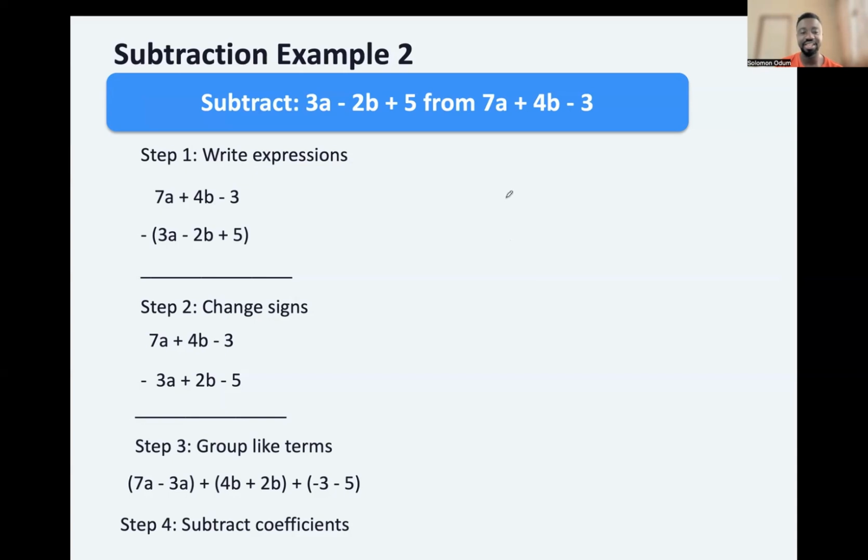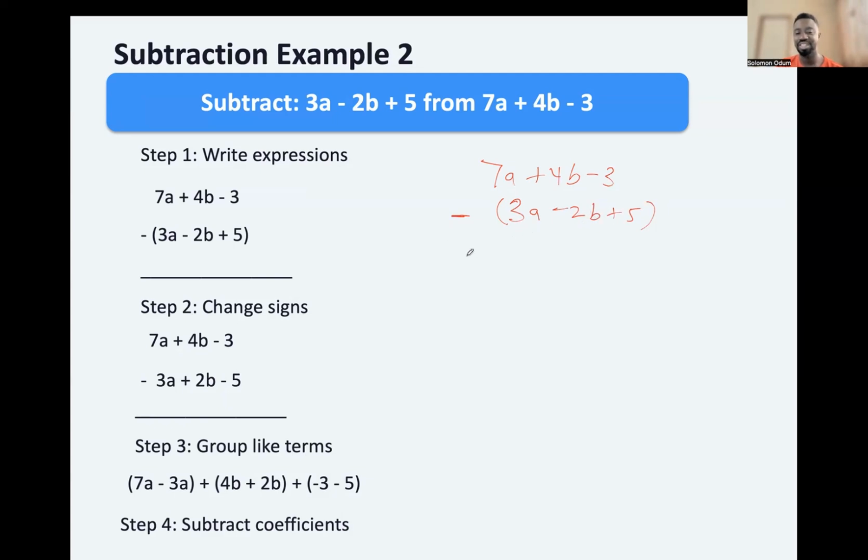So we have 7a plus 4b minus 3 first, and we subtract, in brackets, 3a minus 2b plus 5.